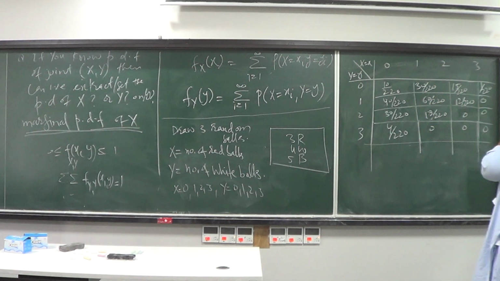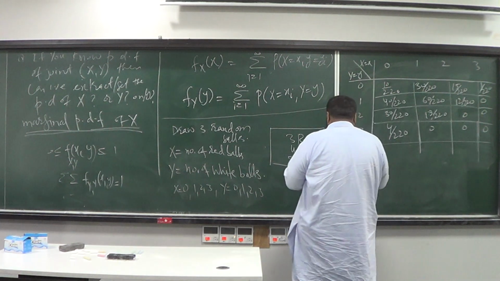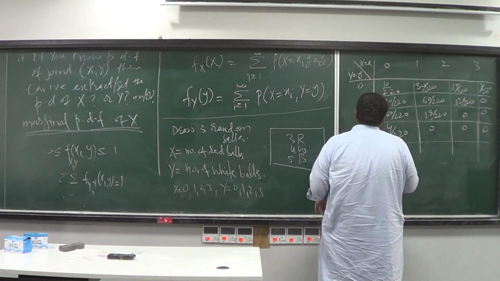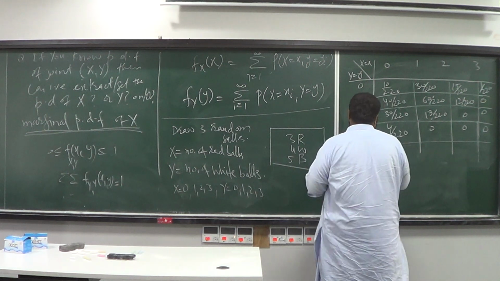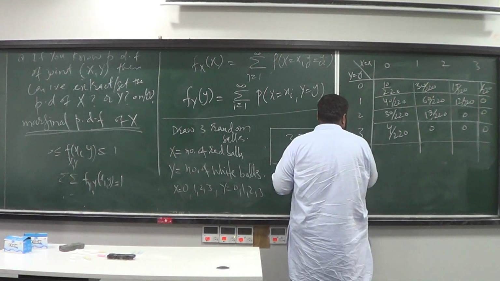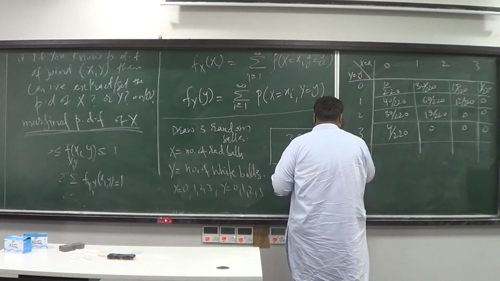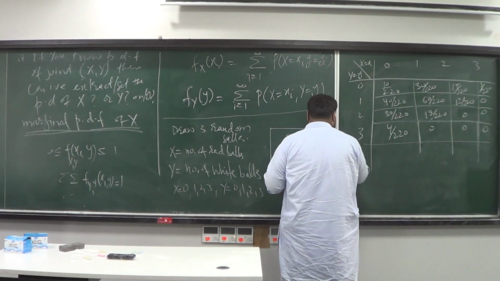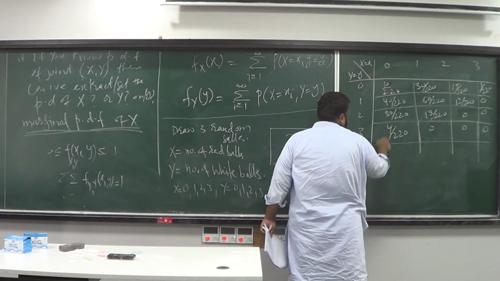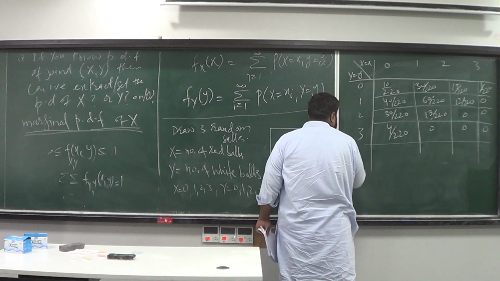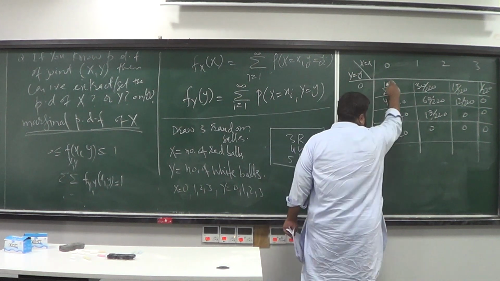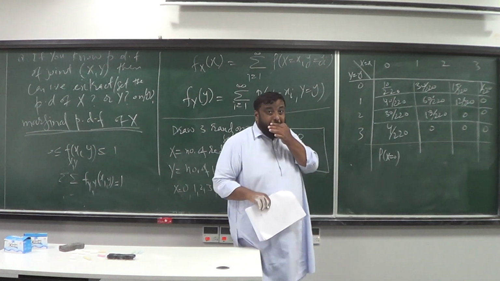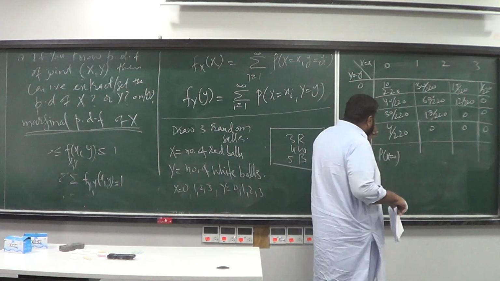If you sum all these, this sum can be treated as the probability of X equal to 0.